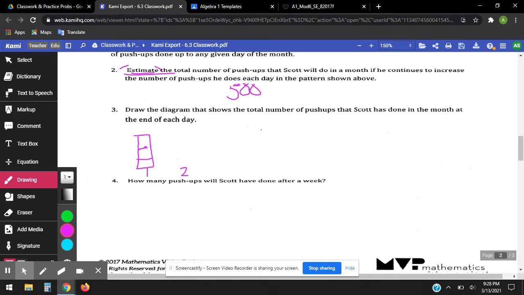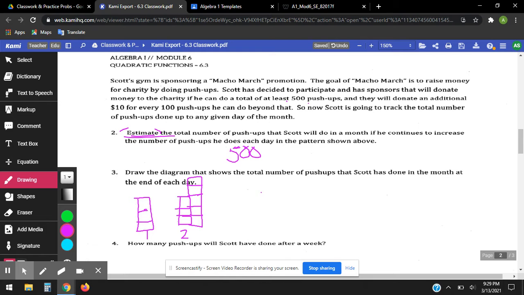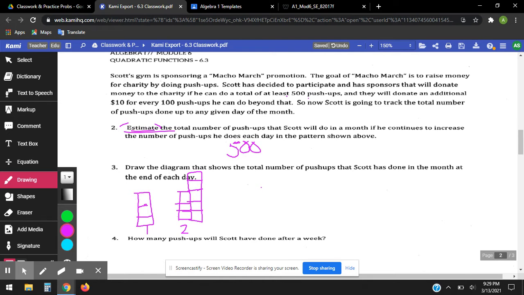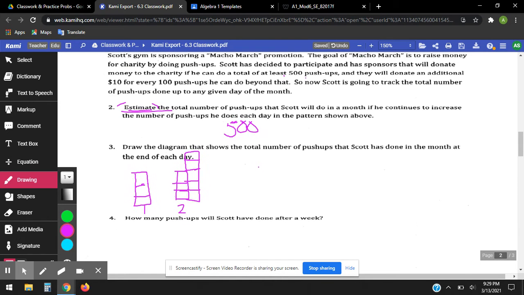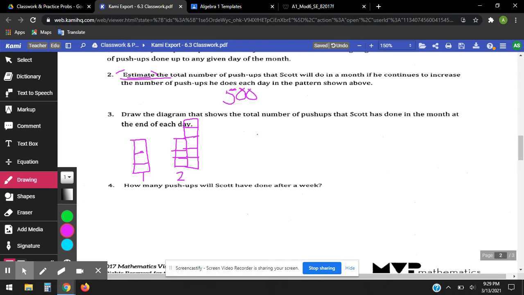But at the end of day 2, he's done the 3 from the first day plus the next ones, right? Yes, total number. So the total number by day 2 is day 2's plus day 1's.